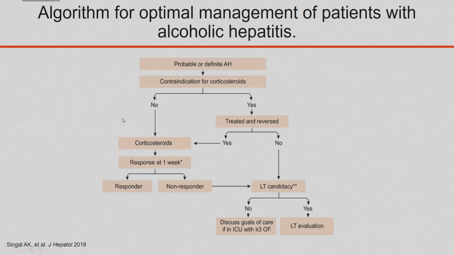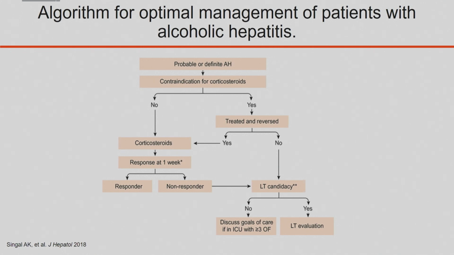Yeah, I totally agree. Going back to Dr. Yanni's algorithm, for people who have probable or definite alcohol hepatitis, and Jihan taught me this from the AASLD, if someone gets better with prednisolone, we continue the steroids and look for response. If people don't respond to medical therapy or they're so sick you cannot consider medical therapy, Dr. Yanni mentioned, what do you do?